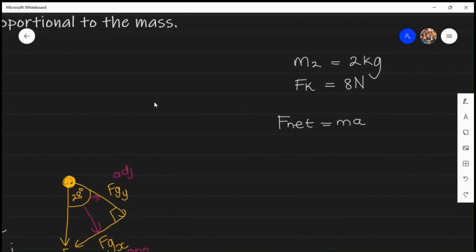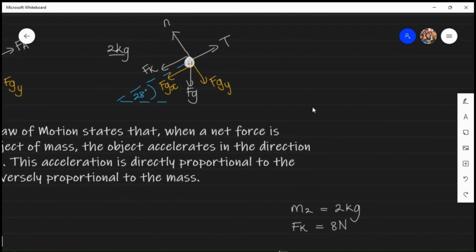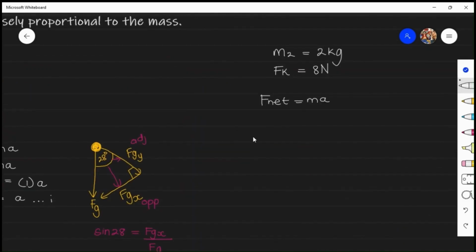So let's go back to our free body diagram and have a look at what forces are acting on our object. So as mentioned before, I'm taking up the incline as positive and down the incline as negative, which means T, or rather tensional force, is going to be positive, whereas kinetic frictional force and FGX are going to be negative. So this is then going to be tension minus kinetic frictional force minus FGX is equal to MA.